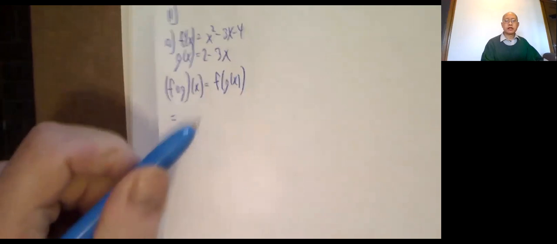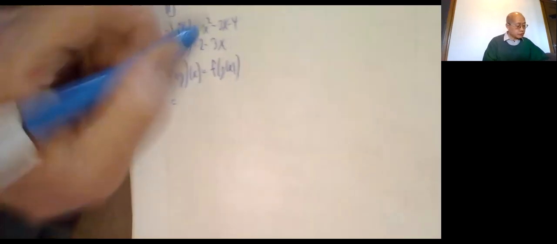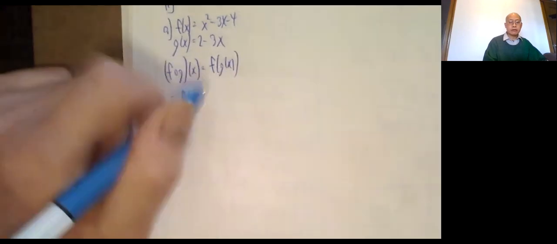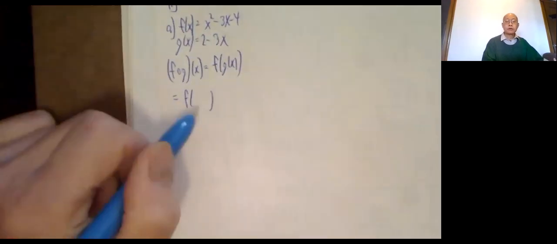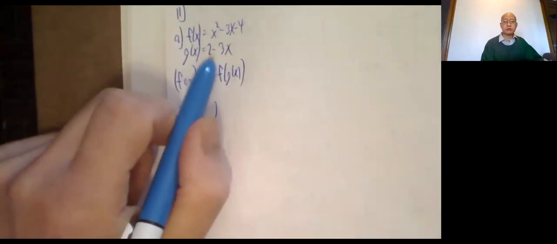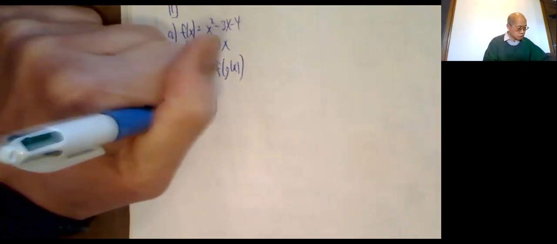So how do I do a function inside a function? Leave alone the f, the left paren, and that right paren. Inside is supposed to be g of x, but instead of writing g of x, I put what it's equal to, 2 minus 3x.